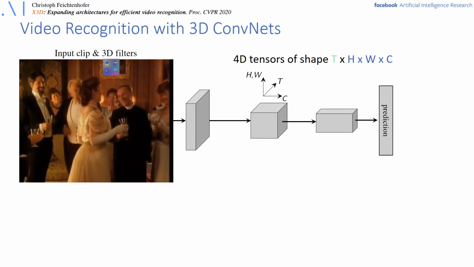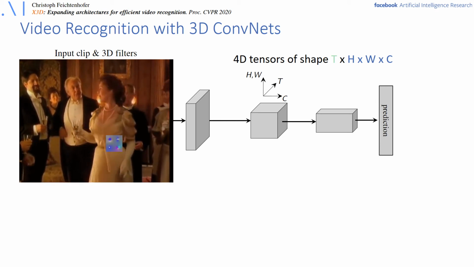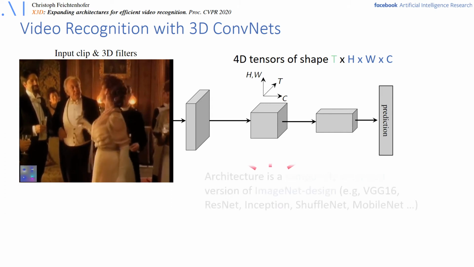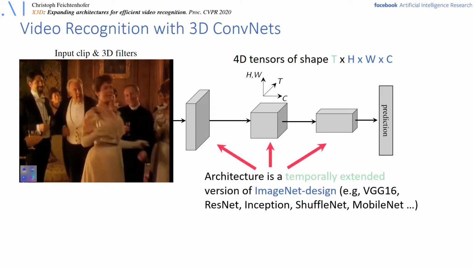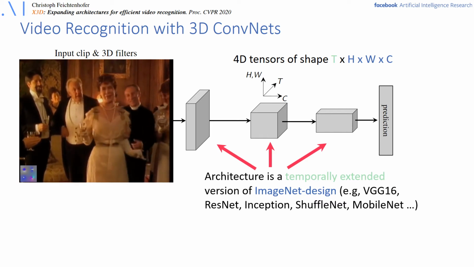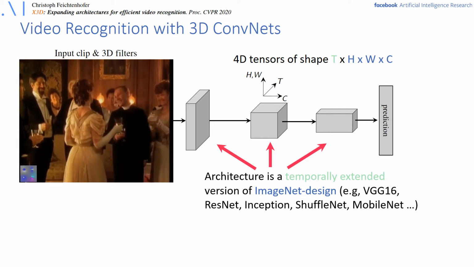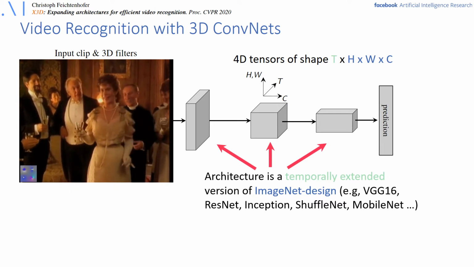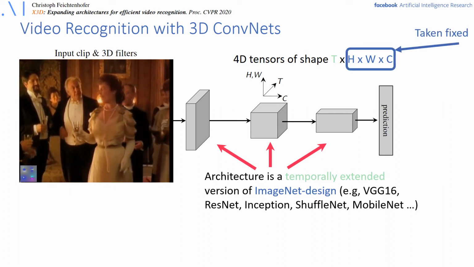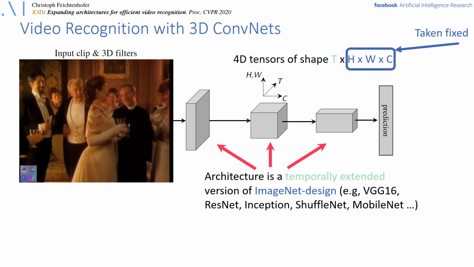For video recognition, an intuitive way is to convolve an input video clip with 3D spatiotemporal filters. This is typically done by extending an image-based network by a 3rd dimension. Basically, nearly all video classification backbones are temporal extensions of ImageNet design. Therefore, the h times w times c dimensions are fixed based on the ImageNet design.